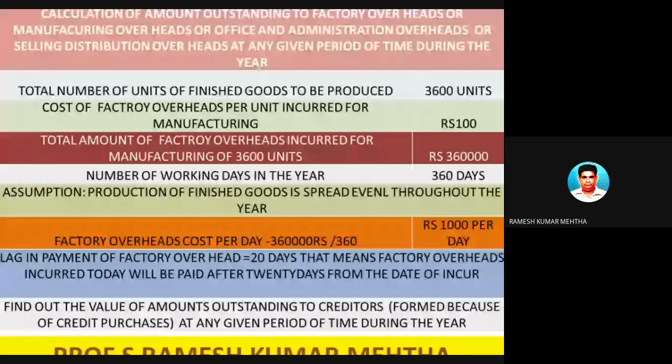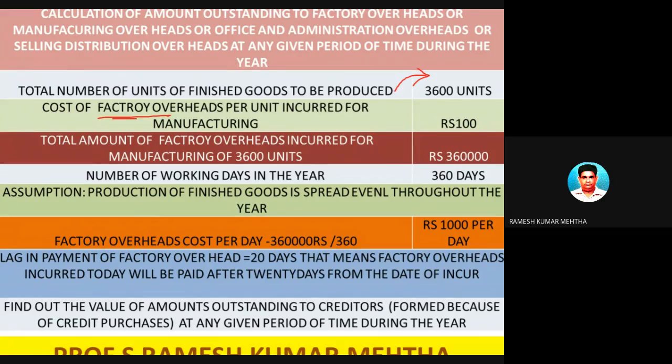We have taken a hypothetical example to derive the formula for finding out outstanding factory overheads, outstanding office and administration overheads, outstanding selling and distribution overheads, outstanding wages, and so on and so forth. Okay. So total number of units that are going to be manufactured in the year, hypothetically or budgeted, 3600 units.